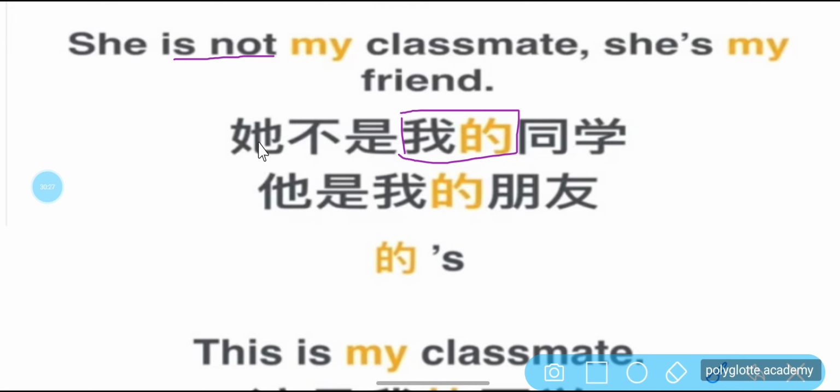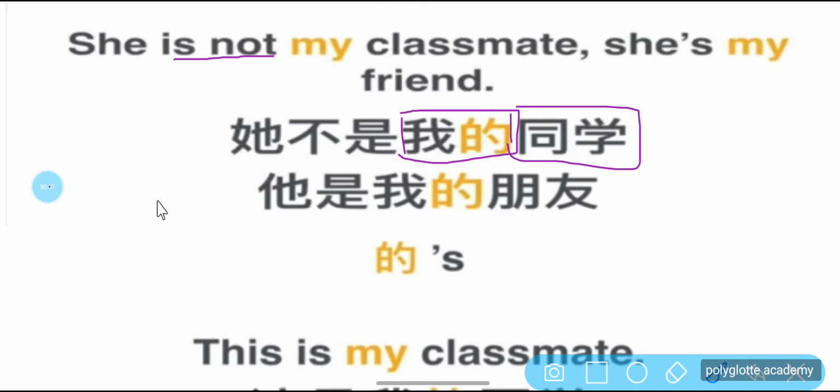So we have 他不是我的同学, very good. 同学, we've seen it, means classmate, somebody with whom you study together. 他是我的朋友. So 他不是我的同学, she is not my classmate. 他是我的朋友, and she is my friend.